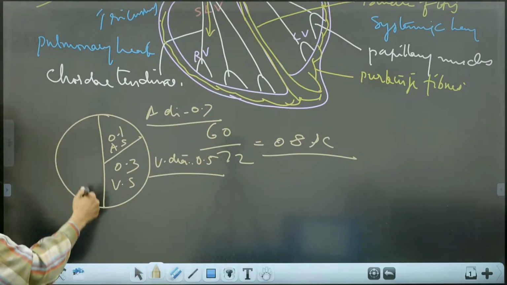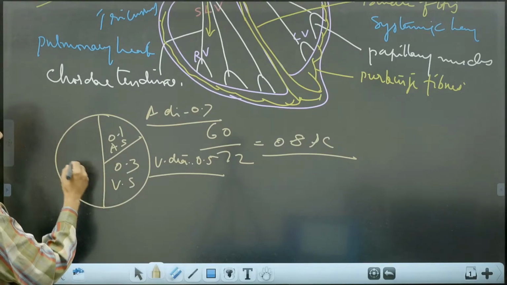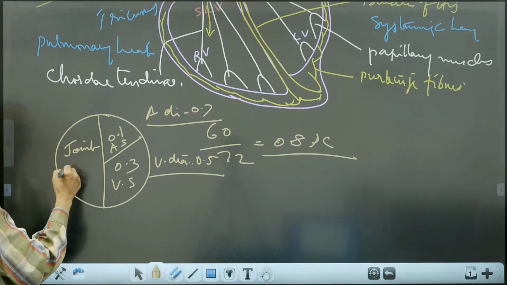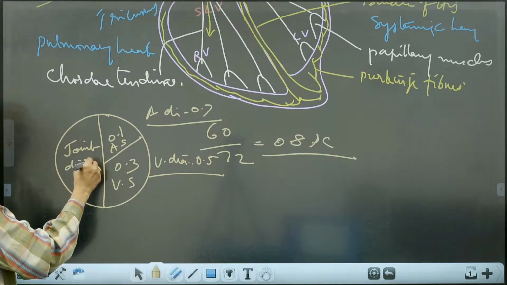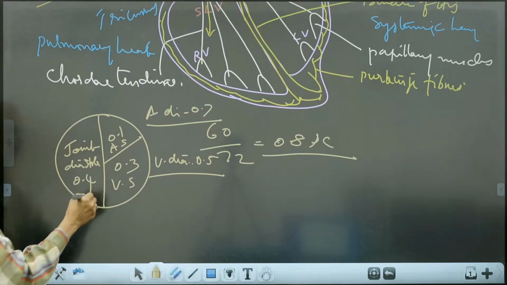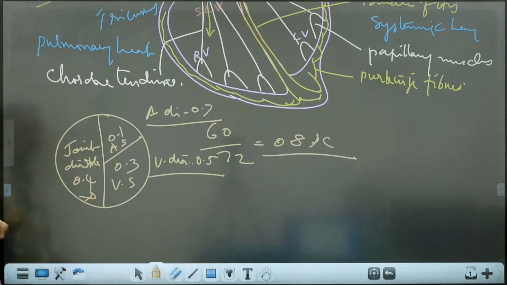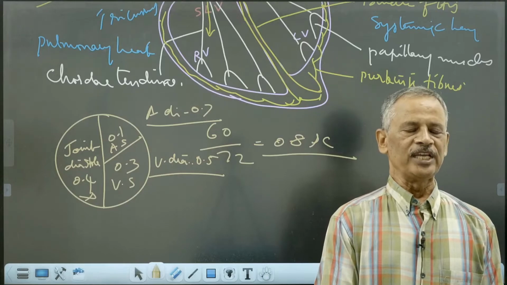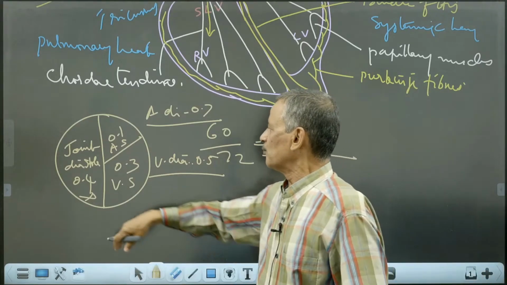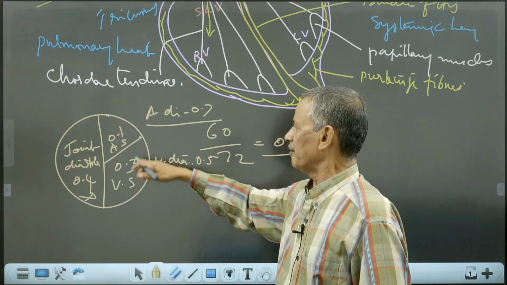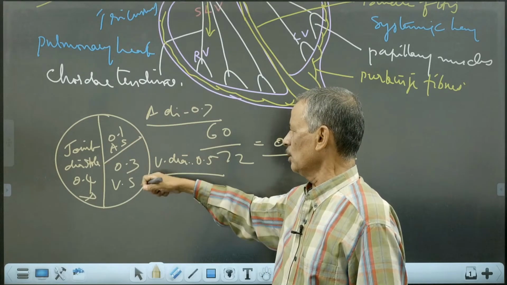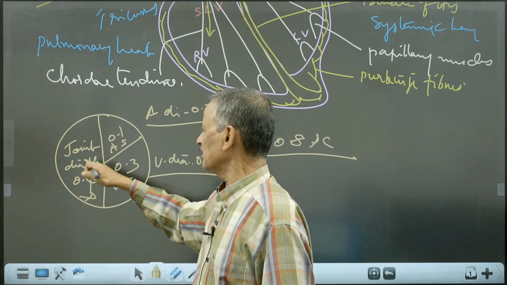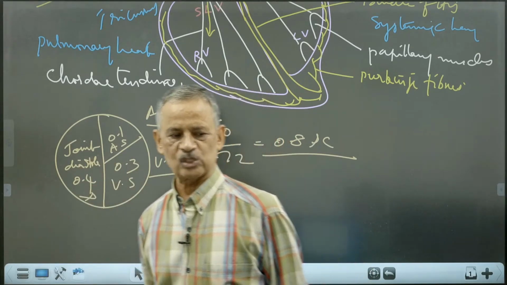And both atria and ventricle are in joint diastole for half of the time of a cardiac cycle, that is 0.4 seconds. So we can represent the duration of each event in the form of a simple diagram. 0.1 second atrial systole, 0.3 seconds ventricular systole, 0.4 seconds joint diastole.